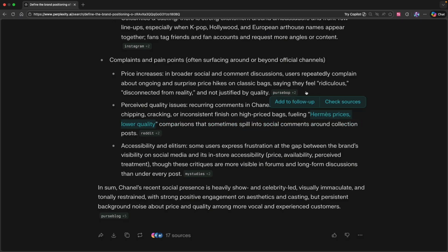Higher price, lower quality. That is a dangerous statement. So what do we do? We don't delete the comments. We counter this narrative by doubling down on content that proves craftsmanship. We need to show why it costs that much to silence the doubt.